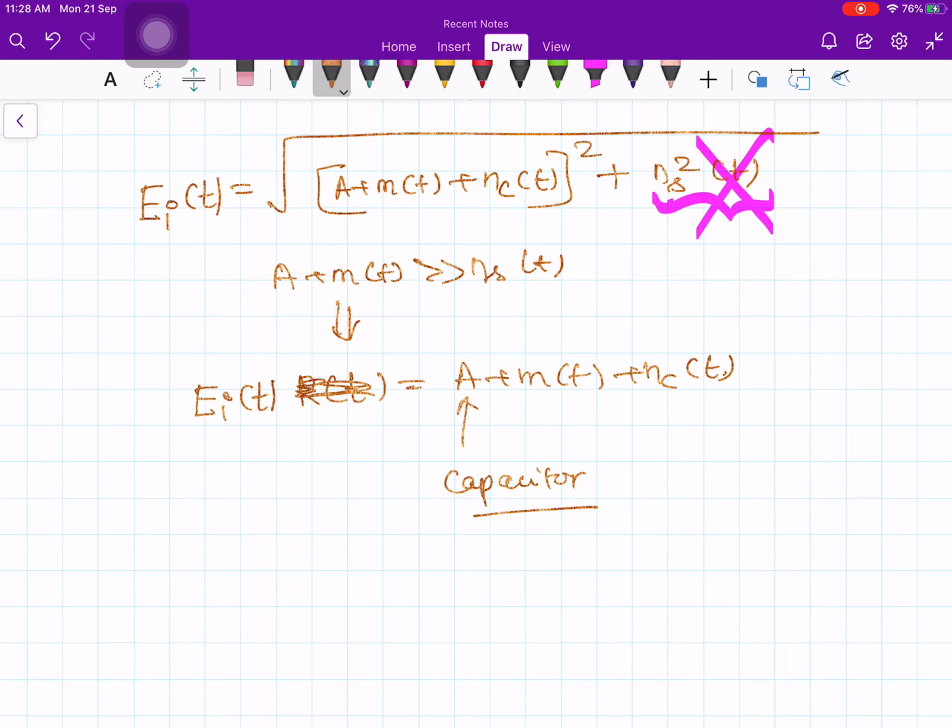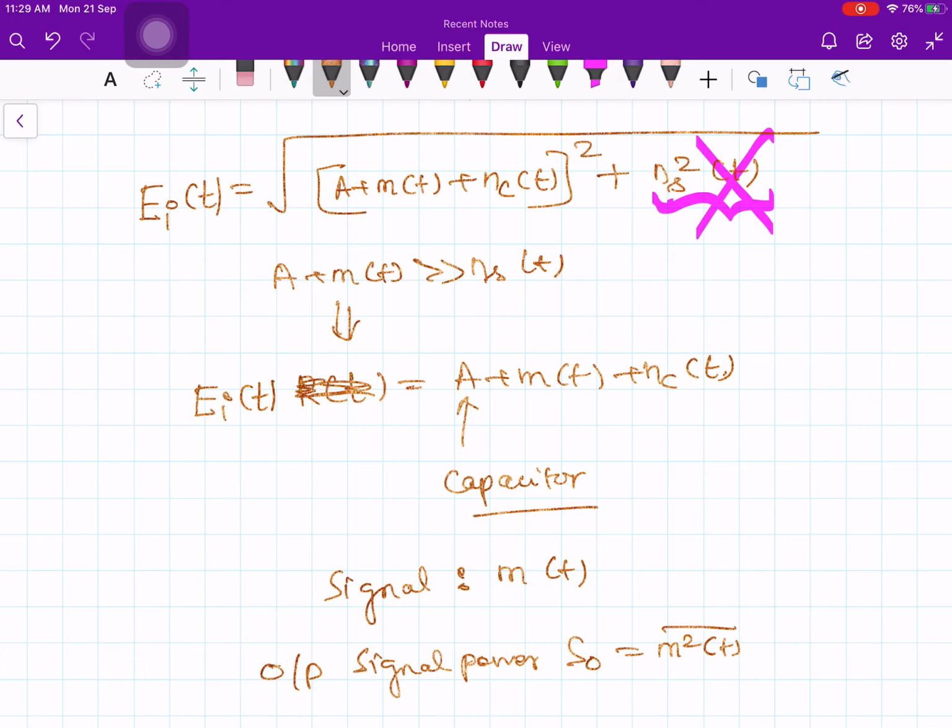So we are not interested in A, we are only interested in m of t. So the useful signal power at the output is, my signal will be only m of t. Therefore the signal power at the output of the detector, S_0, is equal to the mean of m squared of t.